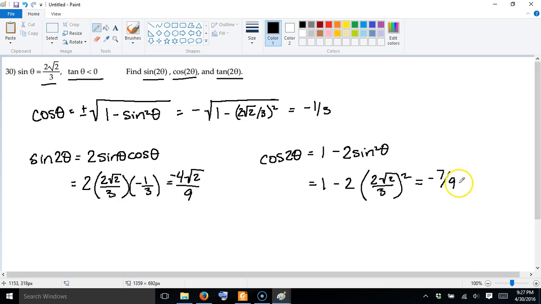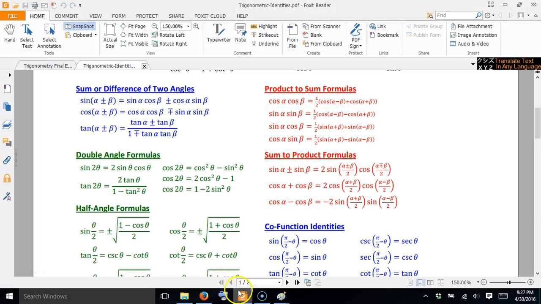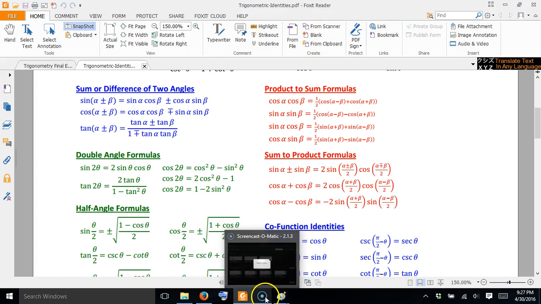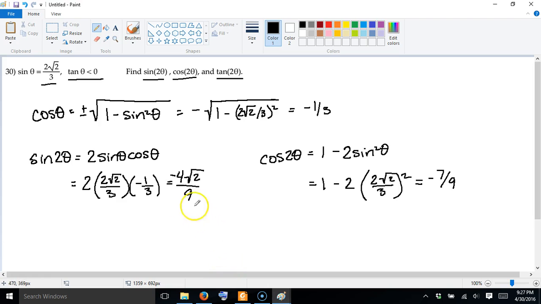Now for the tangent of 2 theta, you can use the fact that it is equal to this right here, and you can find tangent from the sine and cosine values that you have, and then plug them in here. But since we already know that sine of 2 theta is equal to this, cosine 2 theta is equal to that, then tangent of 2 theta is equal to sine of 2 theta over cosine 2 theta.